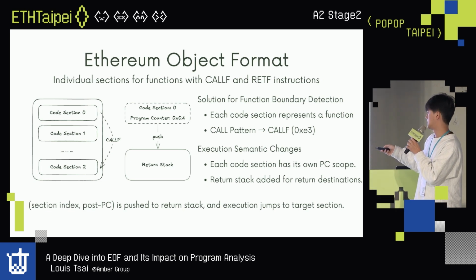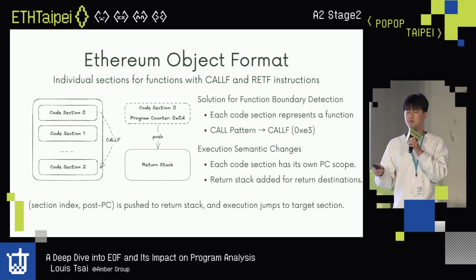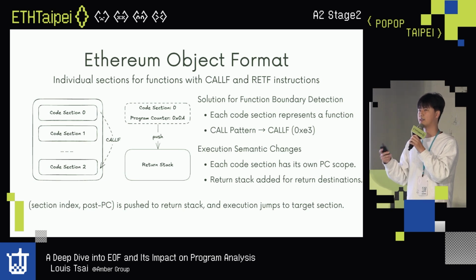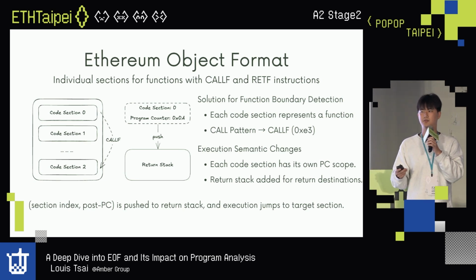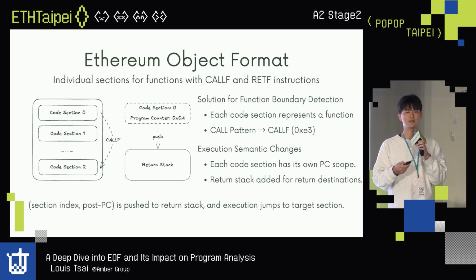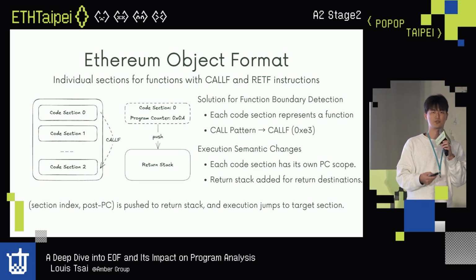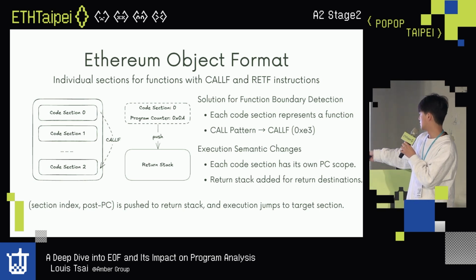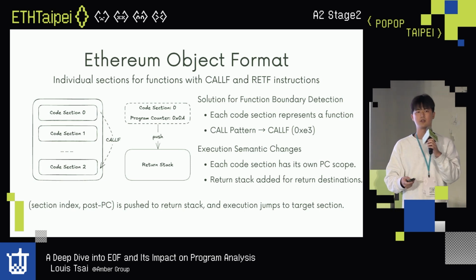And there are also some semantic changes during execution. Now, for each code section, it has its own program counter scope. So the program counter would reset to 0 at the beginning of each code section. And a new component, the return stack, is introduced.